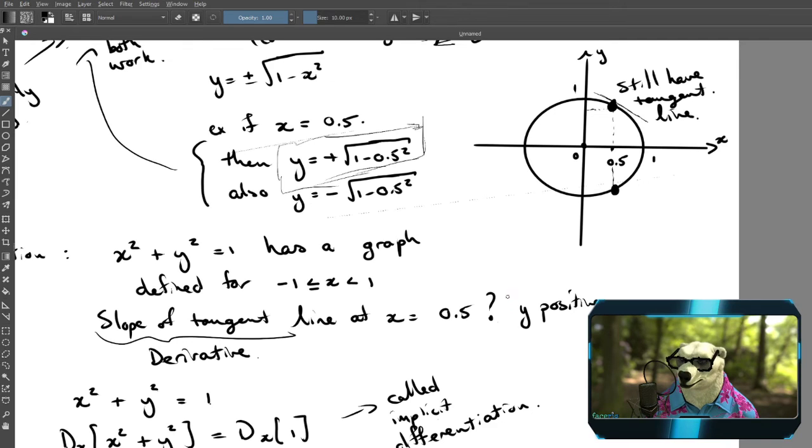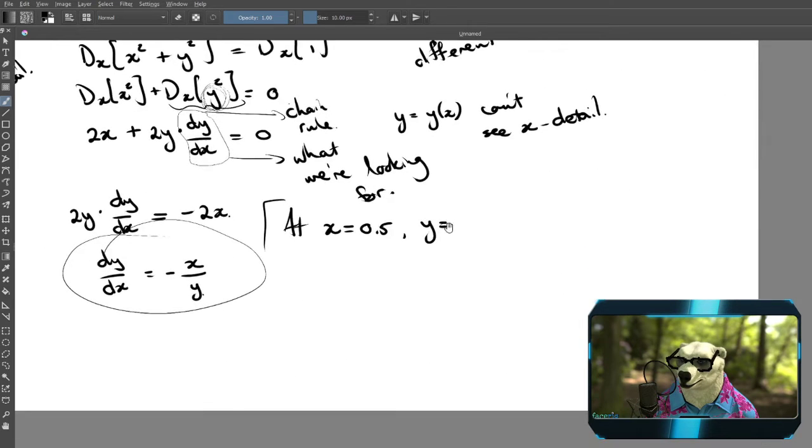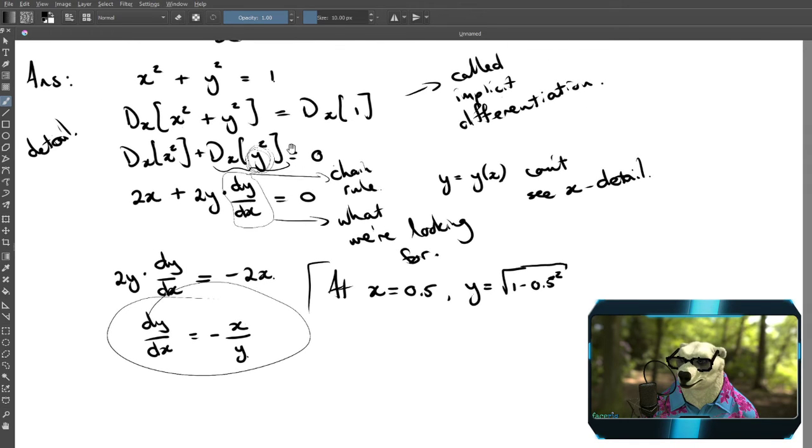So it's the positive root of 1 minus 0.5 squared. And I get that not by solving for y, but by plugging it into my original equation up here. So let's do that instead.